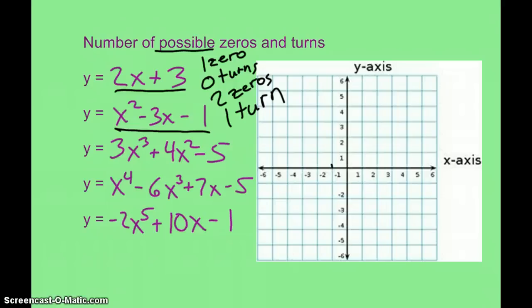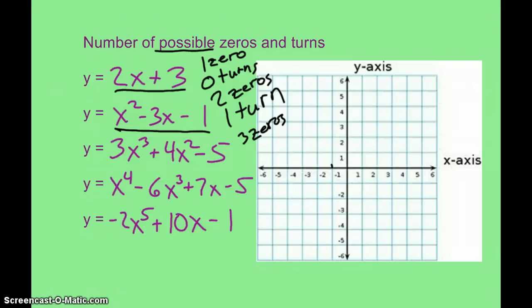So to continue our pattern with a cubic function, I don't want to go through all the work of graphing all these, so I'm going to look for a pattern. A linear function could have 1 zero. A quadratic function could have 2 zeros. Well, that would make sense then that a cubic function could have 3 zeros. When we think about turns, a linear function can never turn.